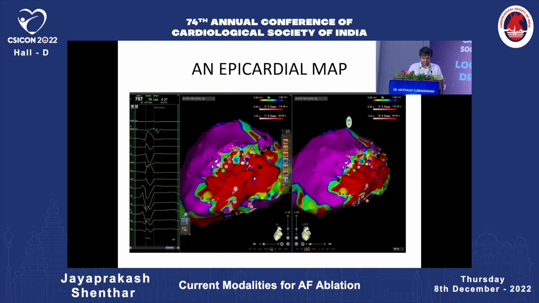Your mapping itself, the one structure that is limiting your mapping capabilities is that some patients can have a tremendous amount of... how to say it? Your scar in the epicardium is not always as consistent as the scar in the endocardium.